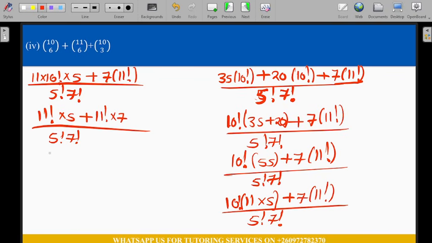So now 11 factorial is common, so we have 11 factorial times 5 plus 7 over 5 factorial 7 factorial.